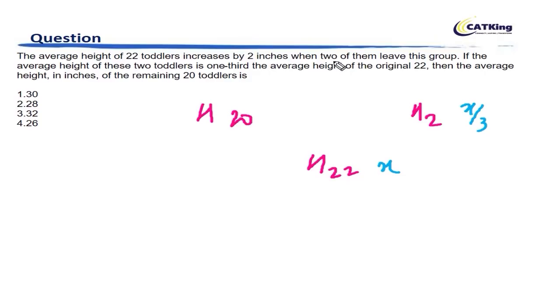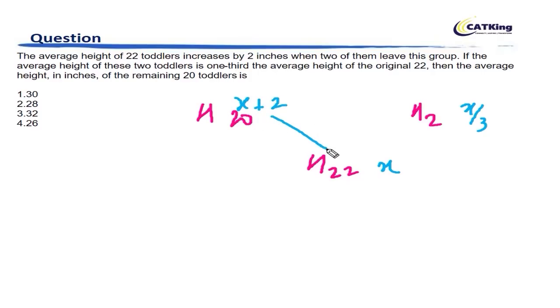If the average height of these 2 toddlers is 1/3 the average height of the original 22, say I take the original 22 average as x, the height of the 2 toddlers is 1/3 of that, so this is x upon 3, right? When they leave, the average increases by 2 inches. So x was the average and it increased by 2 inches, so it becomes x plus 2.